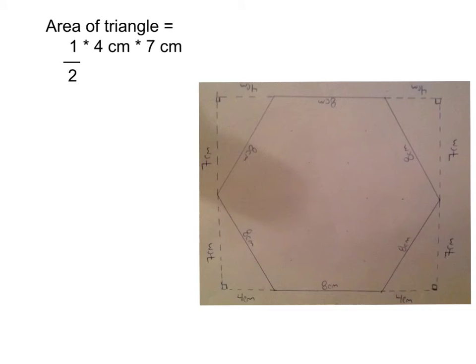Since all triangles are equal, we're going to multiply the area of just one triangle times 4. We multiply by 4 because we have 4 equal triangles. If we multiply from left to right, we will get the area of all triangles as 56 centimeters squared.